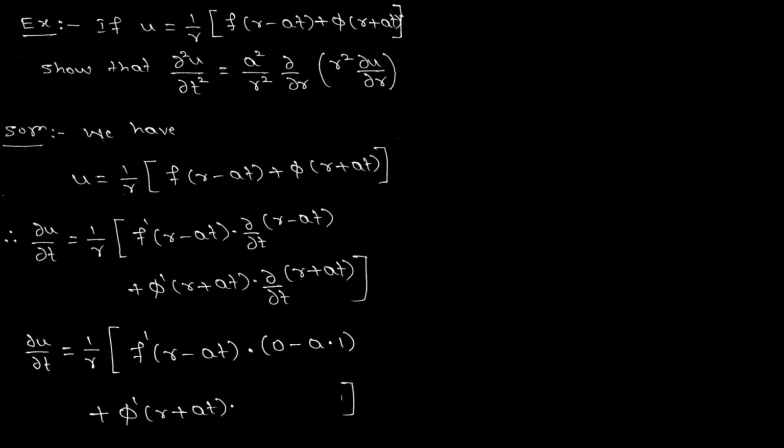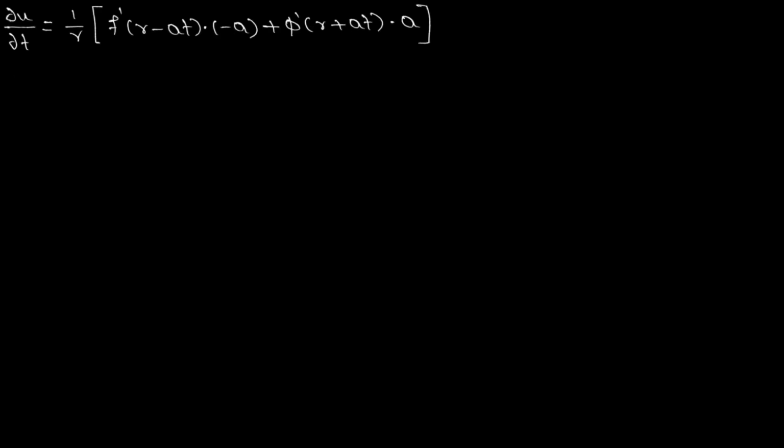Differentiation of r is 0 plus a as it is. Differentiation of t with respect to t is 1. So this is minus a and this is plus a. We have rewritten the step here.